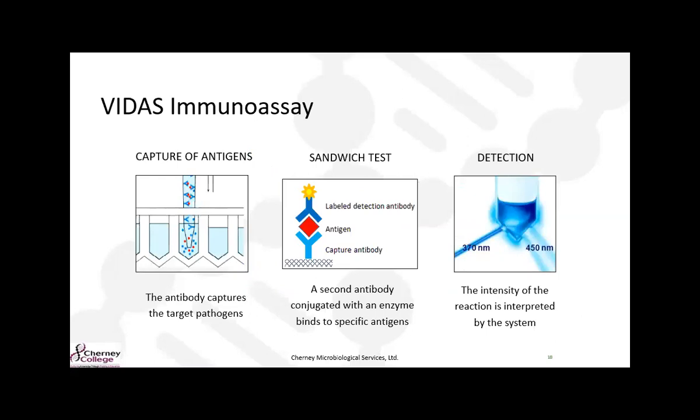So looking a little bit closer on what happens there, the spur that I talked about that sucks up the sample is coated with antibodies specific for that particular pathogen. So if we keep using that Salmonella example, if we were testing for Salmonella, those little red dots inside that well there are specific to the antibodies that are inside the spur that's going to suck up the sample like a straw.